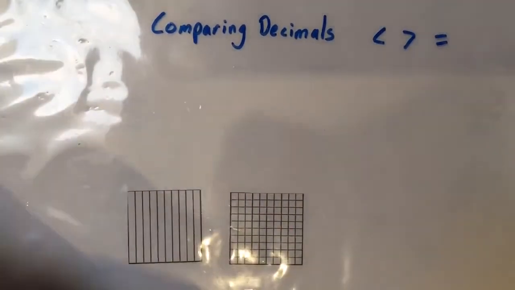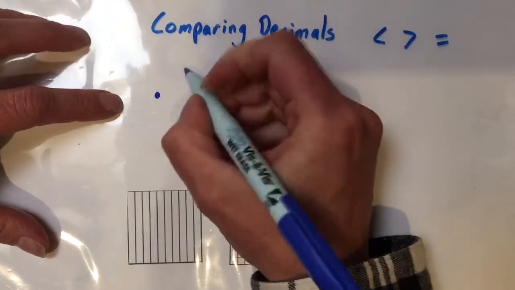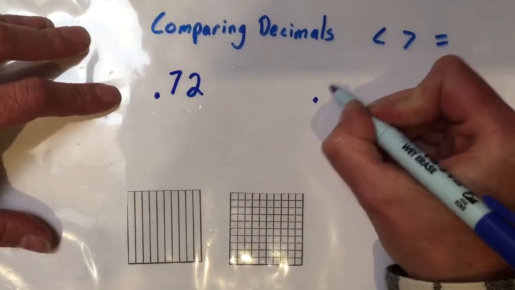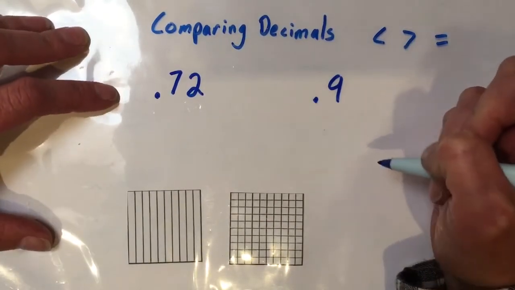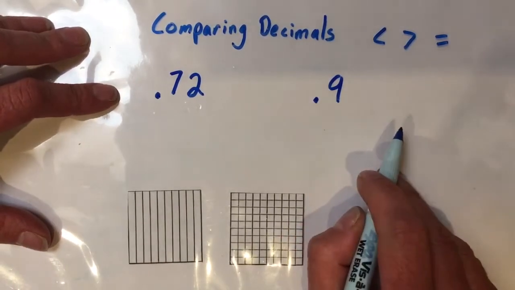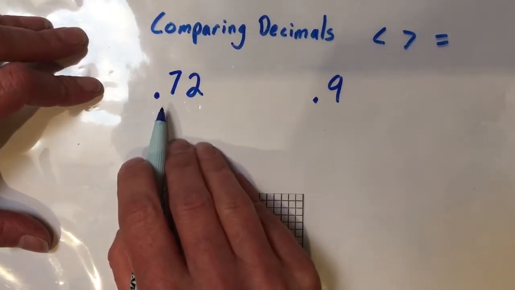All right, so this time I'm going to do 72 hundredths or 9 tenths. Now don't let your brain trick you by saying 72 is bigger than 9, because these are not the numbers 72 and 9. This is 9 tenths. This is 72 hundredths.